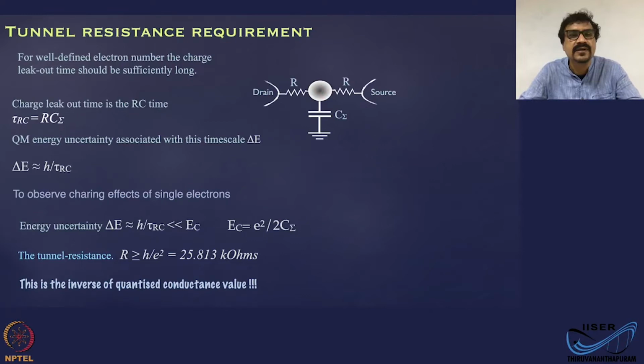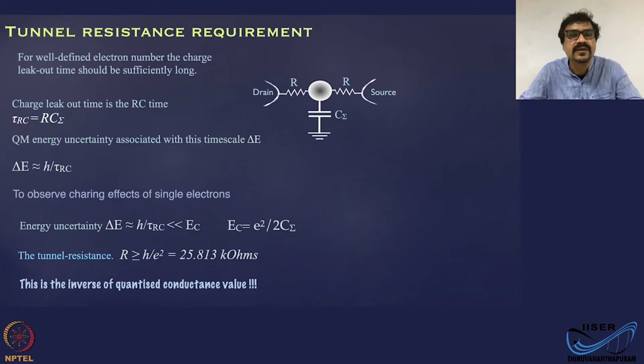It is connected to the source and drain regions through certain resistors. These tunnel barriers are actually resistors as far as electrical equipment is concerned. These resistors R and the C are going to give you an RC time constant for charge leak out.